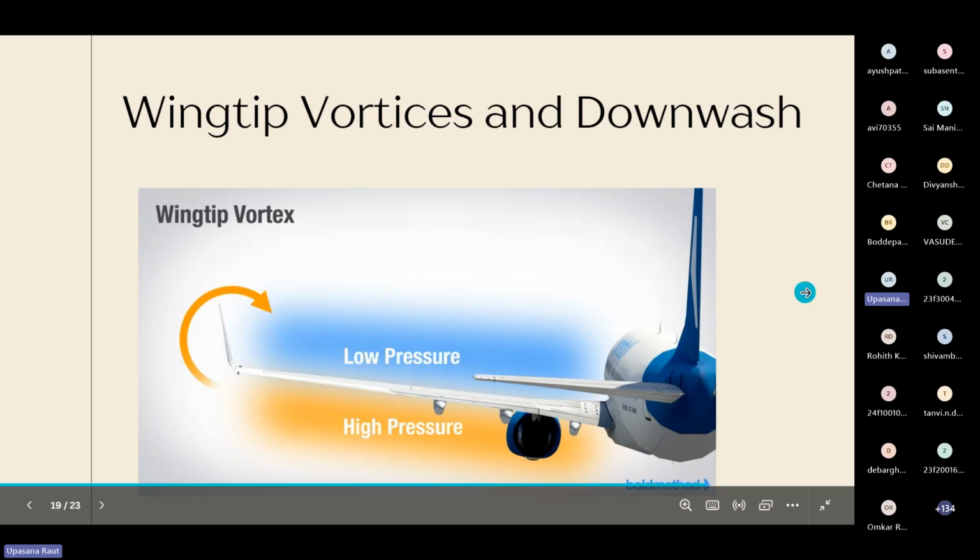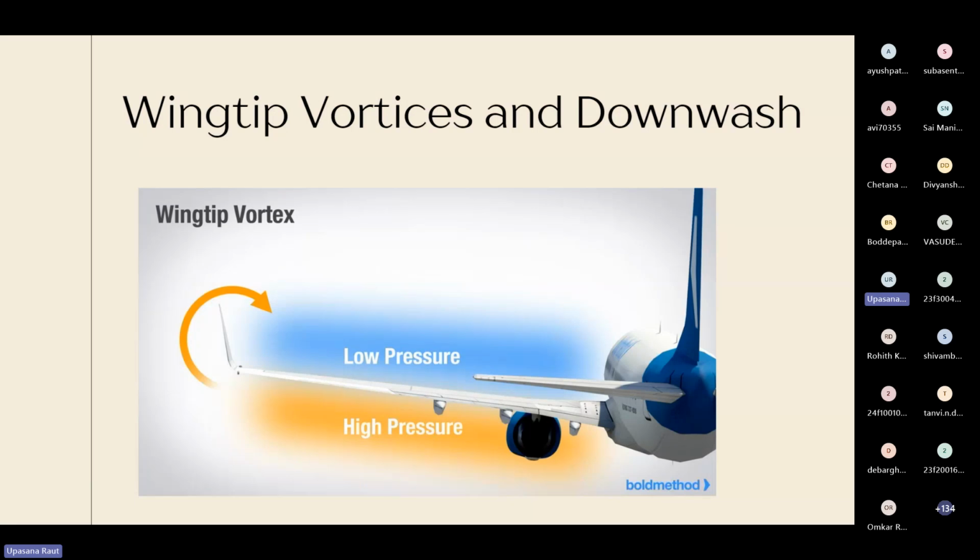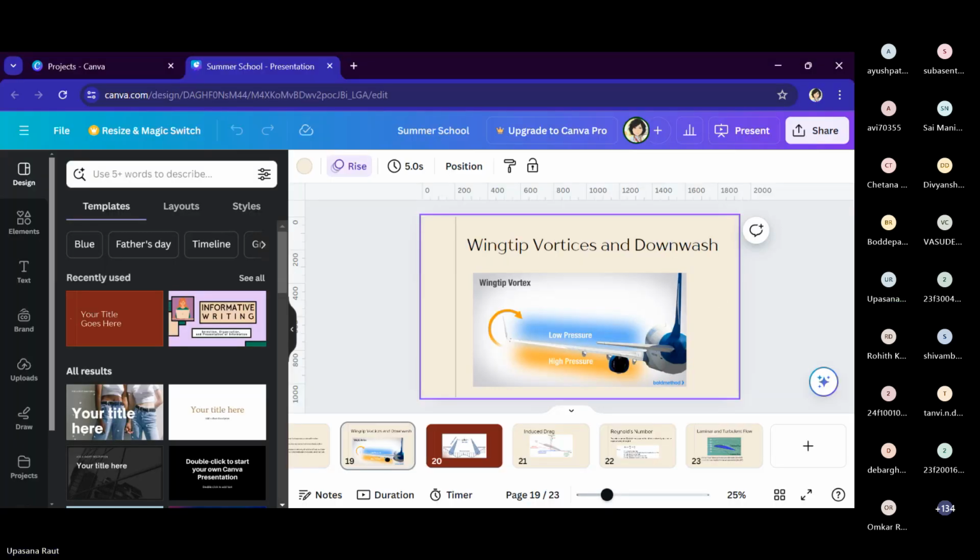Also, if the air is humid enough, these vortices would be visible, and you might have seen them. When a jet goes overhead and leaves a trail, that's not smoke or gas, that's the vortices. Is it clear?